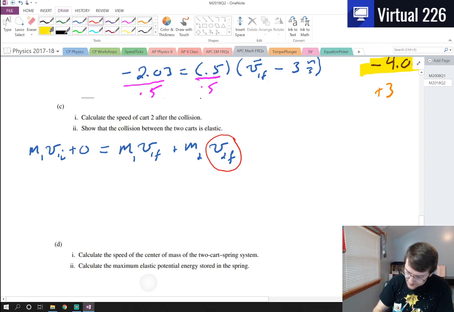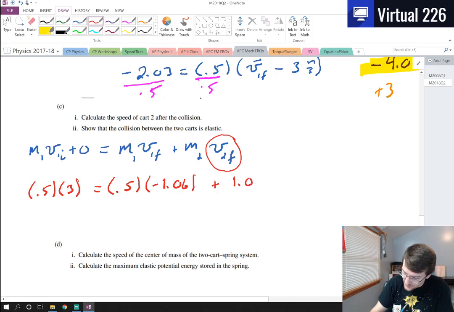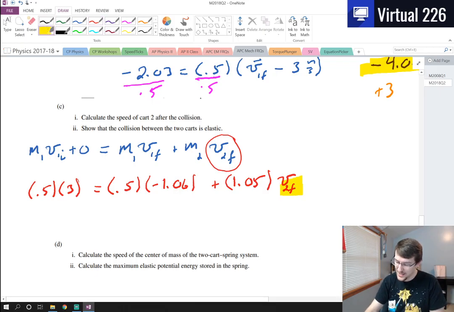I know that the mass of cart 1 is 0.5 and its initial velocity is 3. I know that its mass hasn't changed and its final velocity is negative 1.06. I know the cart 2 mass is 1.05, and now I just need to solve for the cart 2 final. I think that is way easier than trying to think about negative impulses and forces acting on other things.